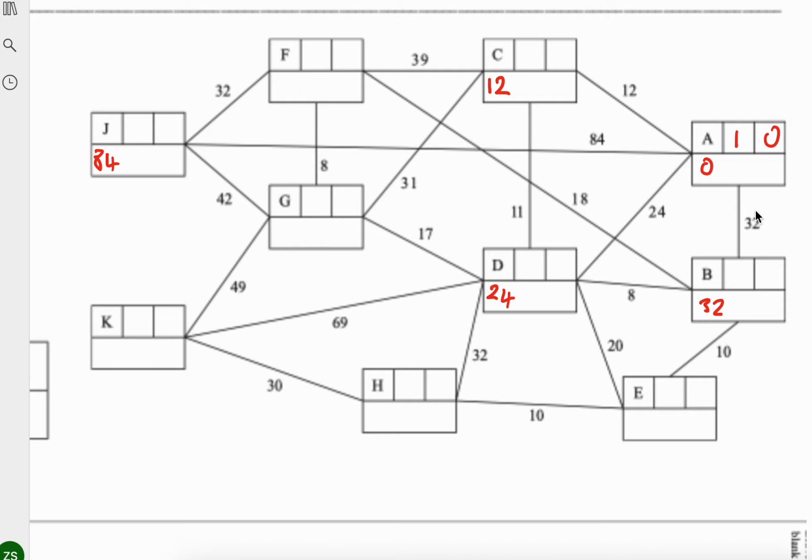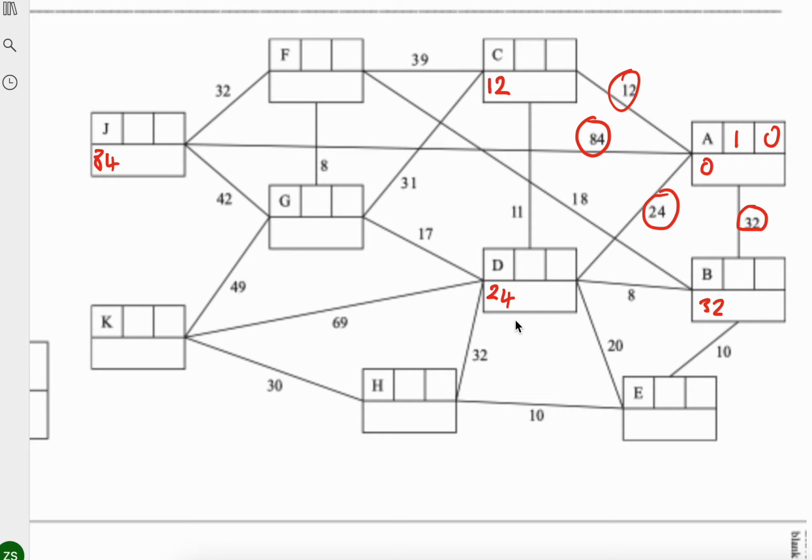So remember, we've now used this node, this node, this node, and this node. As I'm working my way around, I'm going to circle all the nodes, because if there are any values that I don't circle, it means I've missed them, I've made a mistake. Eventually, every one of them should be circled.